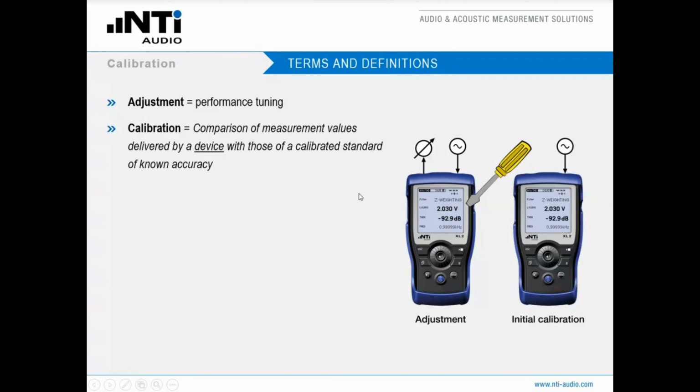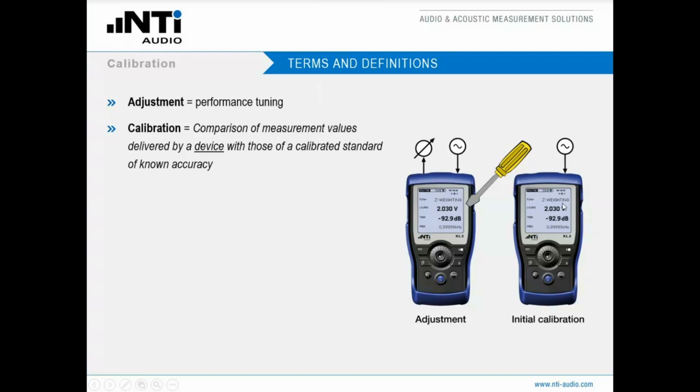A calibration, on the other hand, is a pure verification. So you compare the displayed value of the instrument to the incoming signal, and you verify whether this displayed result corresponds, within a certain tolerance, to the signal level that is coming in. So the device will be calibrated in terms of verifying that it is actually doing its job correctly.